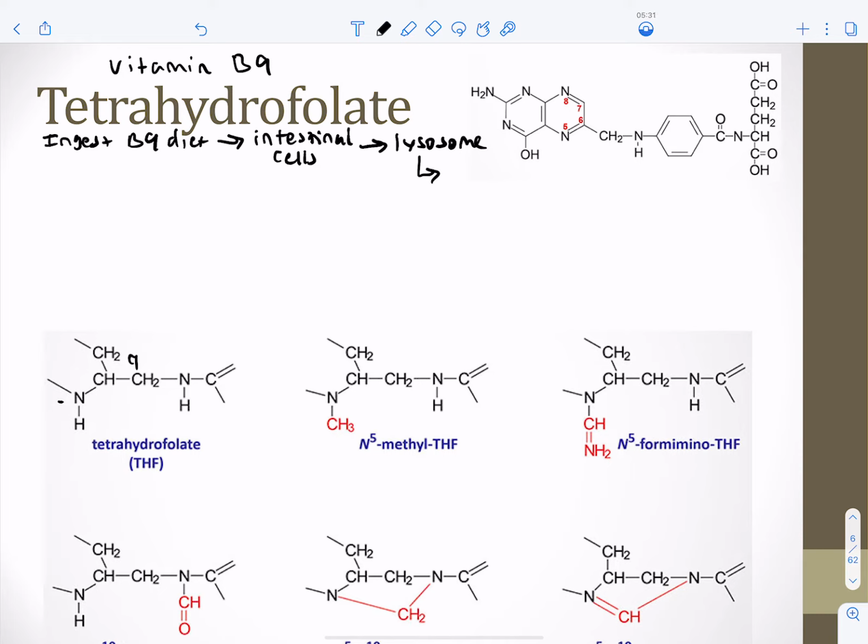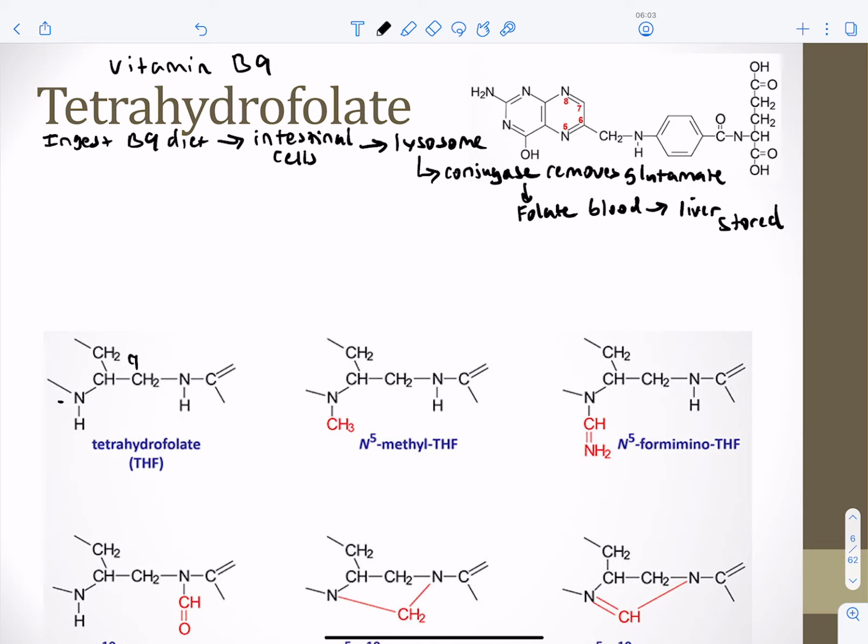You have an enzyme in your lysosome called conjugase, and this is going to remove glutamate. This is going to release folate into the blood, and then it goes into the liver, where it is stored. So the liver is the major storage of tetrahydrofolate.